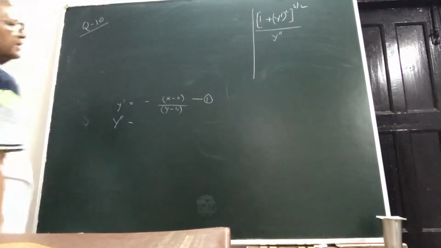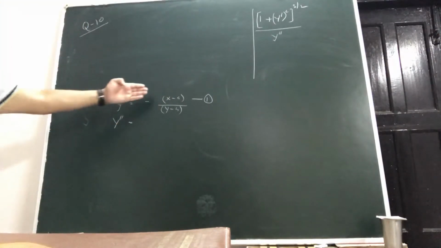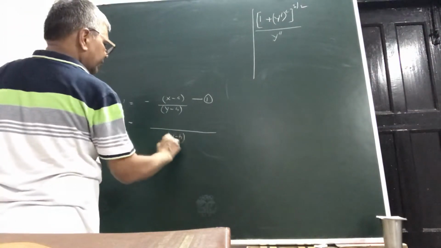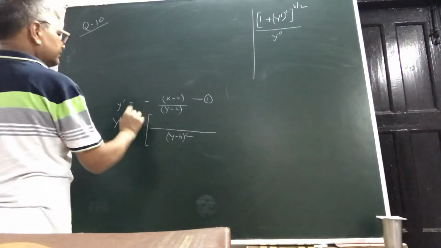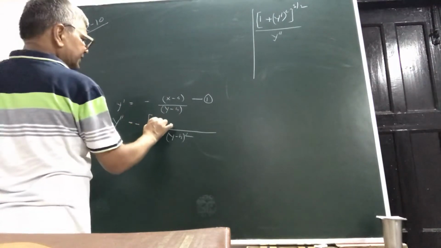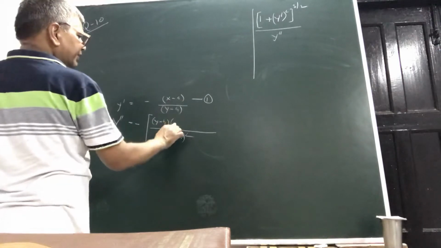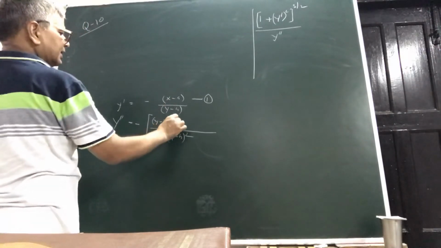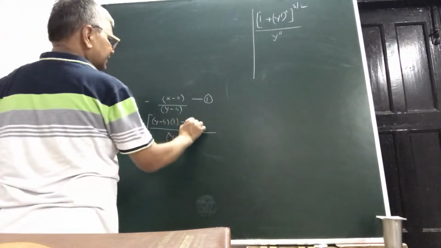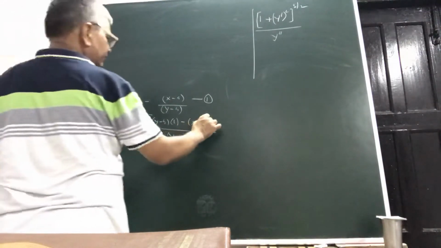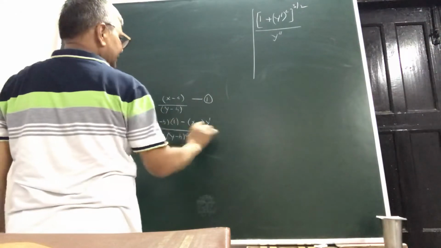So what it is? It is in the denominator quotient form. So what you will get is y minus b whole square, minus, you take it outside, so y minus b into x minus a, derivative of denominator, that is 1, minus x minus a into derivative of this thing, so it will be y dash.